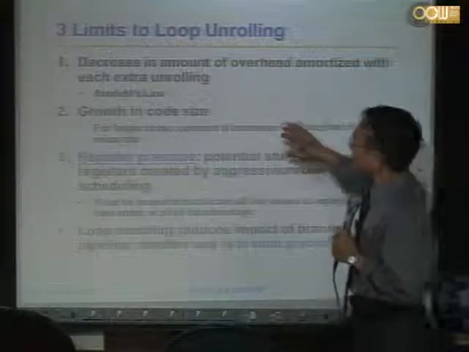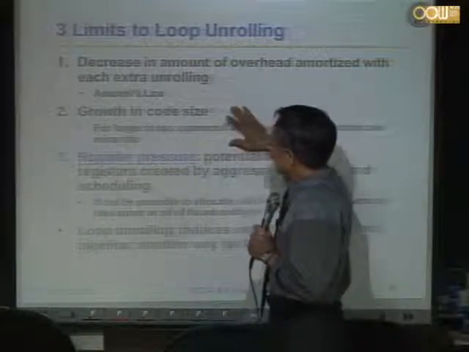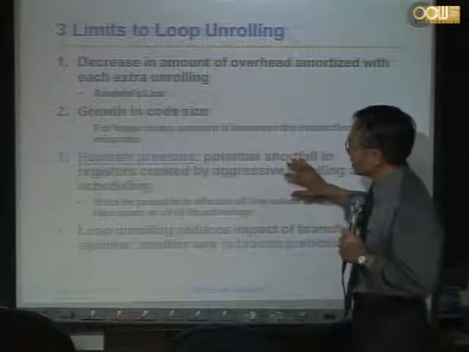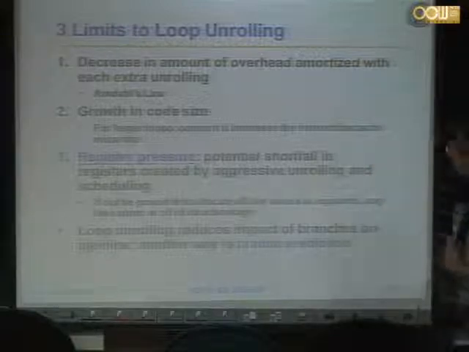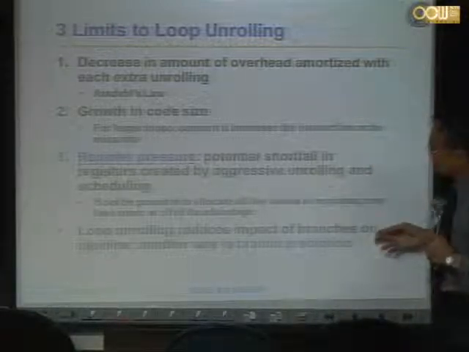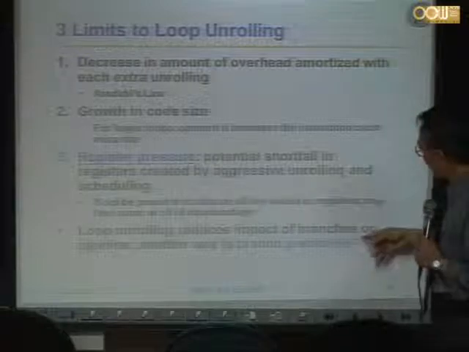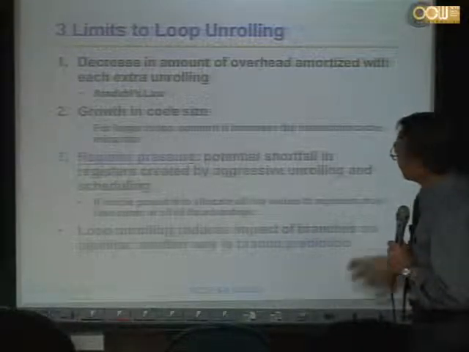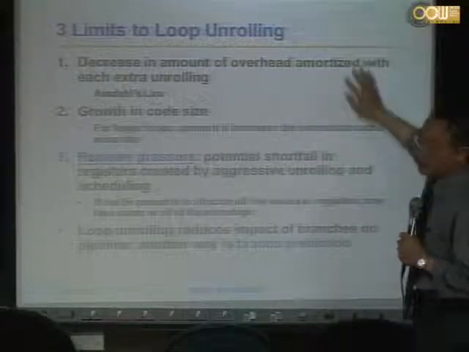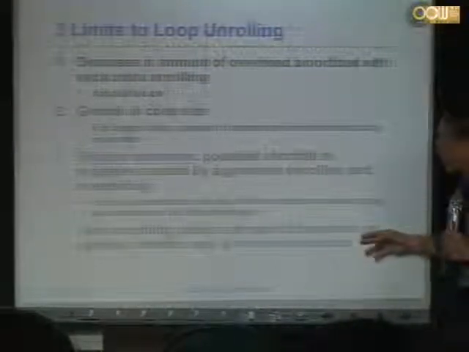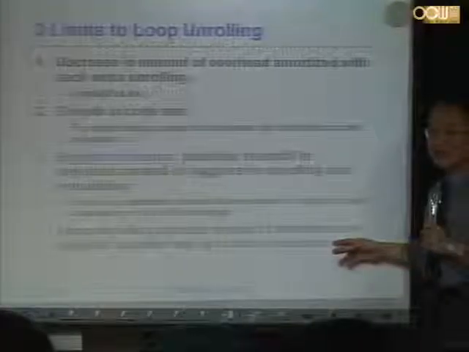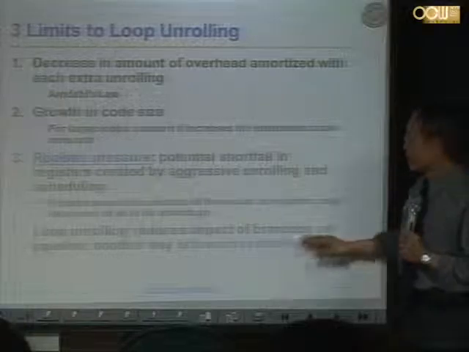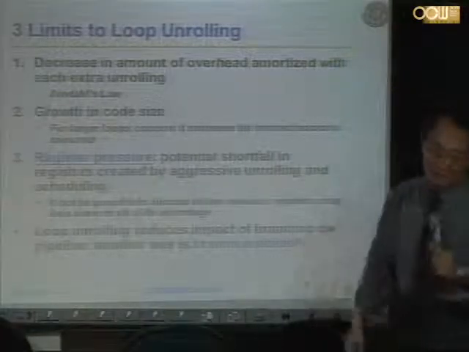The code size will become larger, and the registers to be used will become more. Loop unrolling reduces the impact of branches on the pipeline. Another way is branch prediction. This is not a limitation, but this is just to tell you loop unrolling can be done by hardware also. Okay, this is not one of the limits.